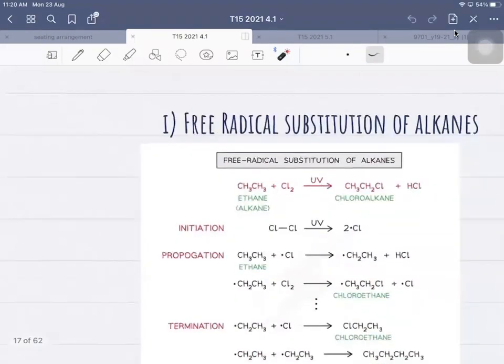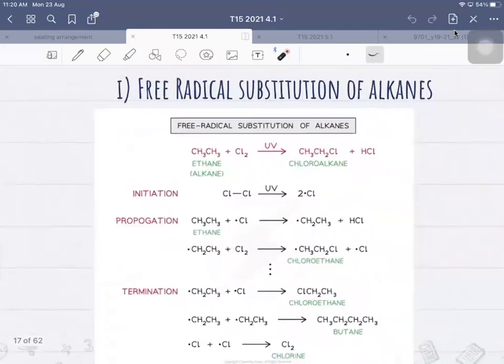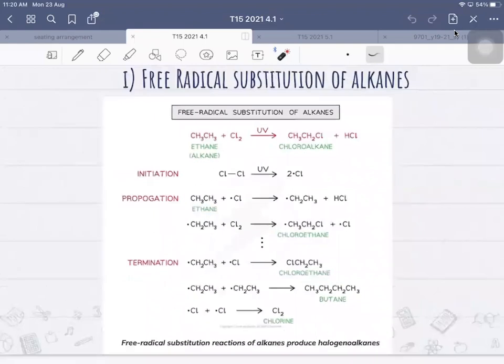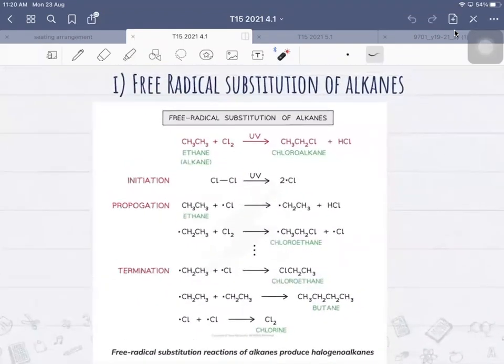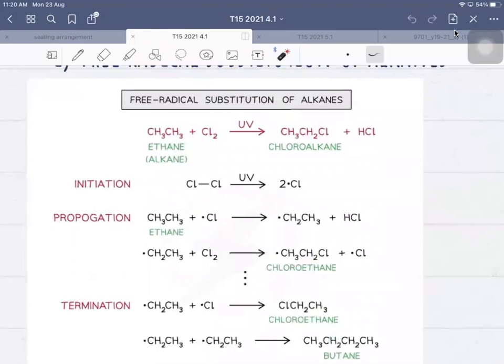Okay, so just to recall this, you don't have to copy down the mechanism, because it's something that you have covered in topic 14 already, the previous topic. It's called the free radical substitution of alkanes. So what happens is that your hydrogen in your alkanes will be substituted with a halogen.